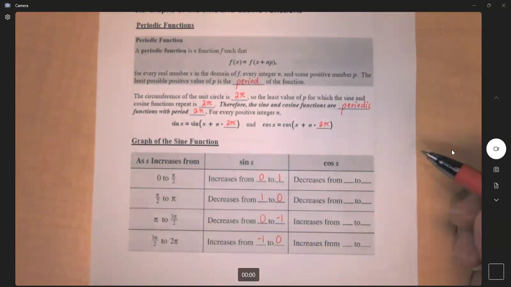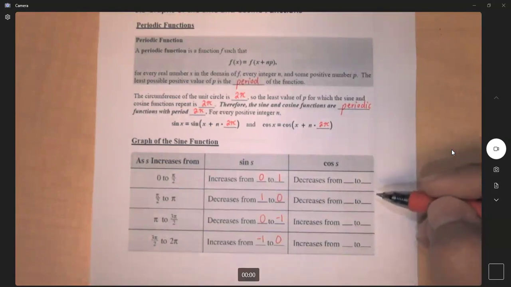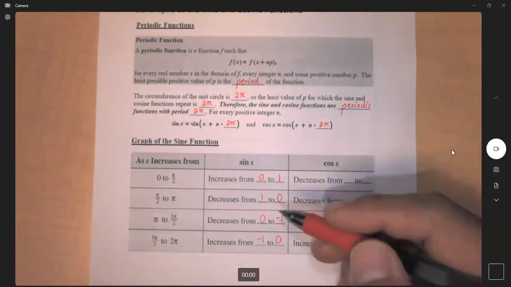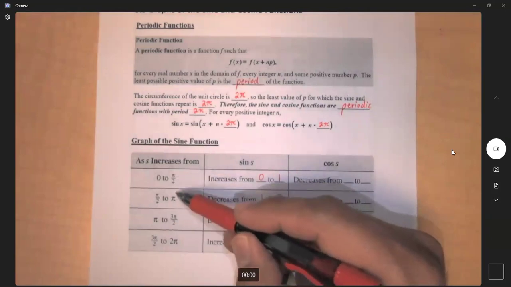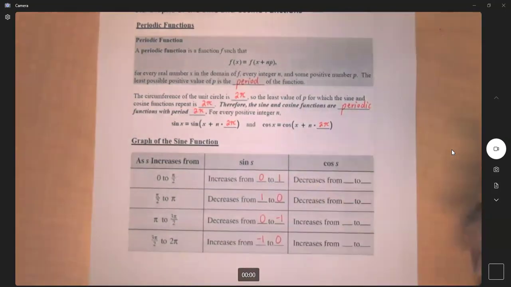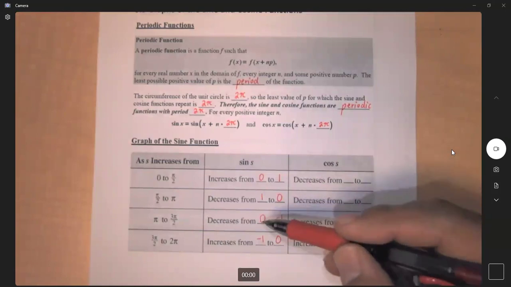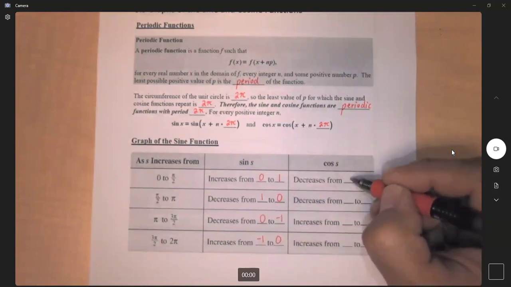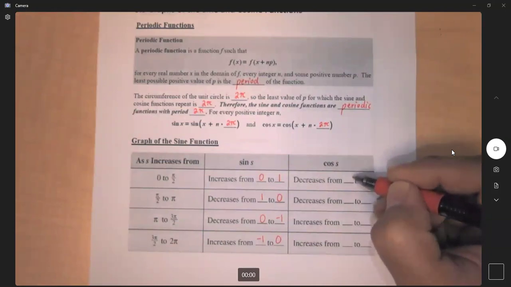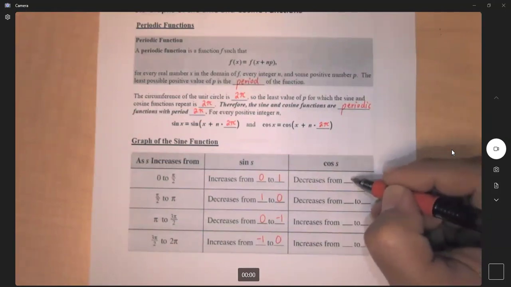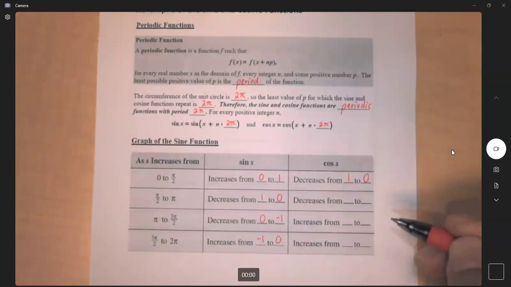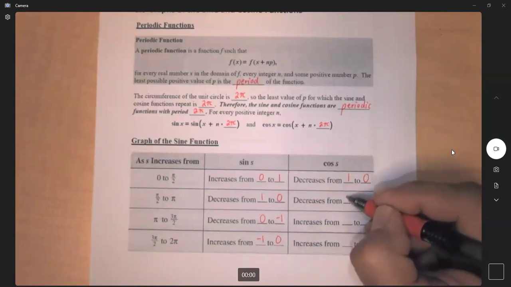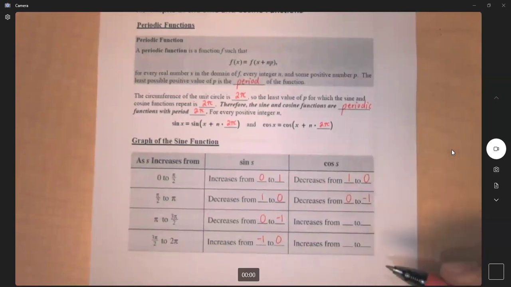The cosine is a little different. The cosine, in fact, is off by pi halves as far as comparing to sine. So cosine starts at 1, since the cosine of 0 is 1, and it decreases from 1 to 0. Then it keeps decreasing from 0 to -1.